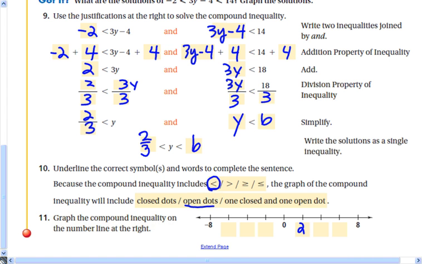Fill these in: 2, 4, 6, -2, -4, -6. We need to go from 2/3 to 6. 2/3 I'm going to estimate to be about right there with an open dot. And then an open circle on 6, and then we need to shade in between for this inequality.